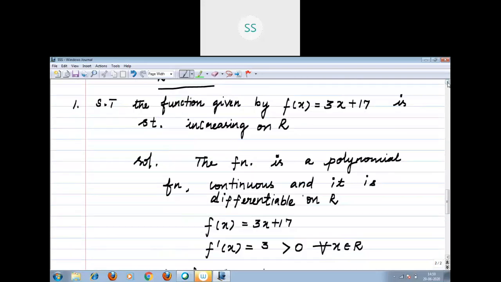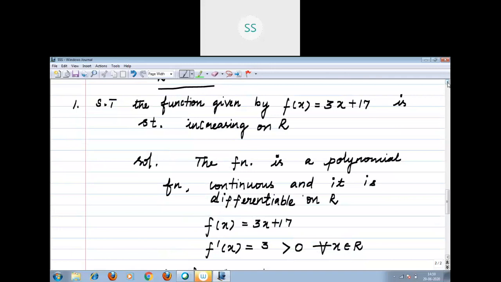It is continuous. How am I saying continuous? If you assign the value of x, you will get a continuous result. And it is differentiable on capital R, because R is given in the question. R in the sense real numbers. The limitation of R is minus infinity to plus infinity.